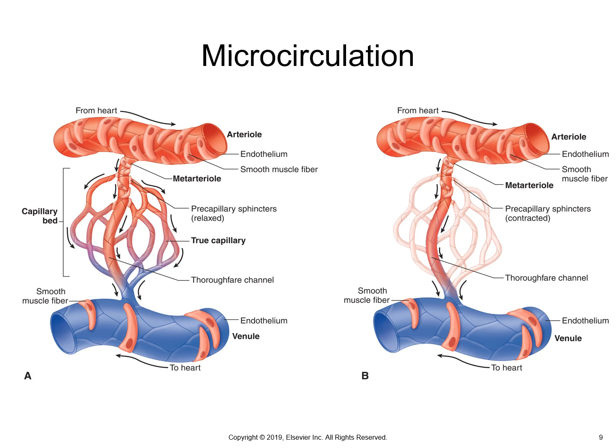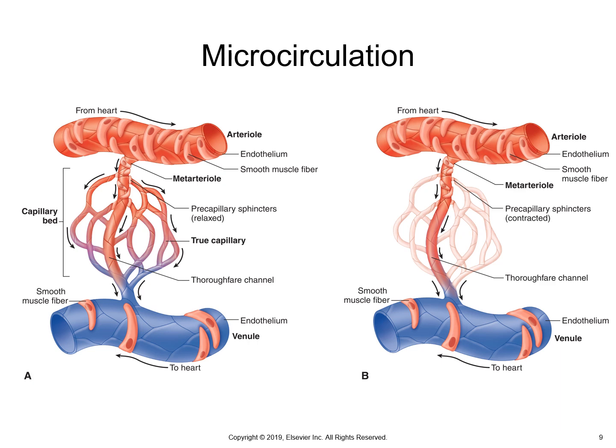Now the diagram on the right shows the bypassing of the capillary bed. So sometimes those precapillary sphincters can contract, blocking that flow of blood into that capillary bed. So instead of going through the true capillaries, blood can just move directly through that thoroughfare channel to the venules.